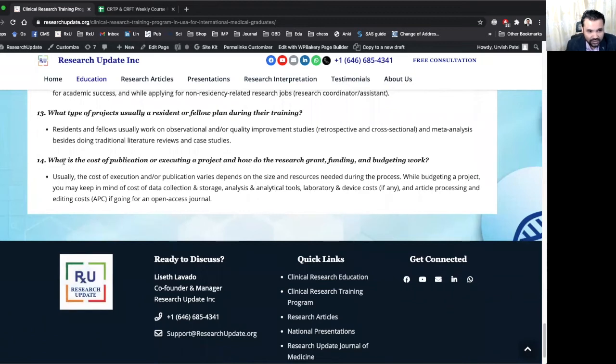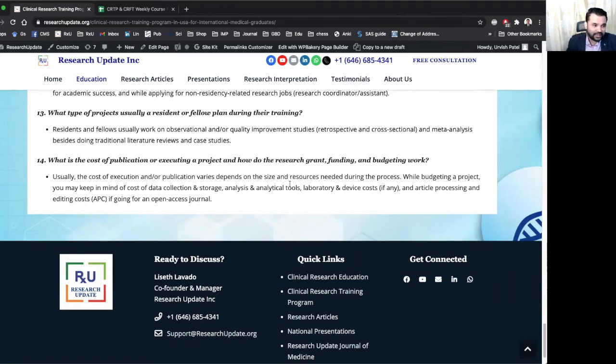We have a few more questions. What is the cost of publication or executing a project, and how do research grant funding and budgeting work? Usually the cost of execution or publication varies depending on the size and the resources needed during the process. If it's an observational study, then the budget is smaller.